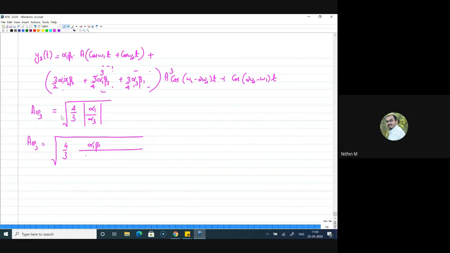Sum of the terms here at 3 by 2 alpha 1 alpha 2, this term, at 3 by 4 alpha 1 cube beta 3 and 3 by 4 alpha 3 beta 1.